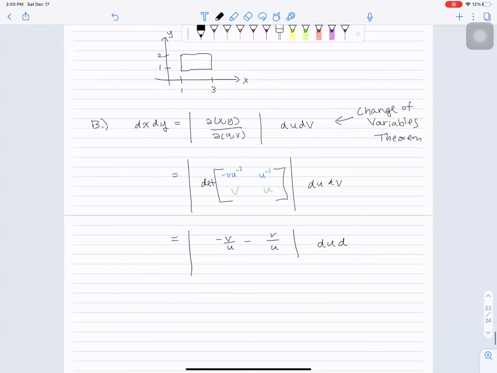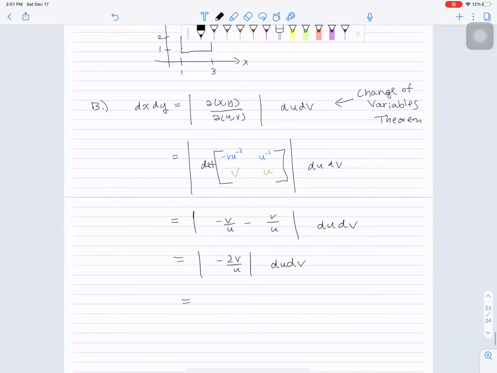Right, so this is the absolute value of negative 2v over u, du dv. When I take the absolute value, this becomes positive 2v over u, du dv. So this is what my change of variables formula says.